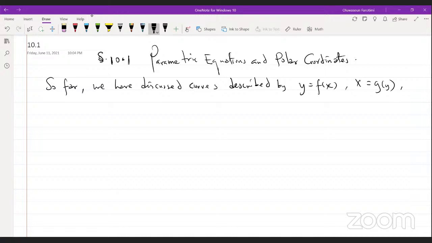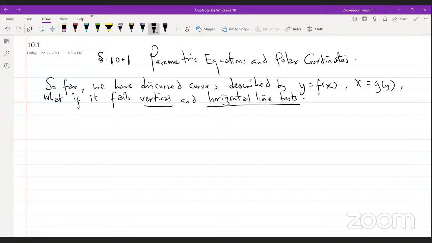So now the question we're trying to ask first is, what if it fails the vertical line test and the horizontal line test? I hope that rings a bell, the idea of vertical and horizontal line tests.